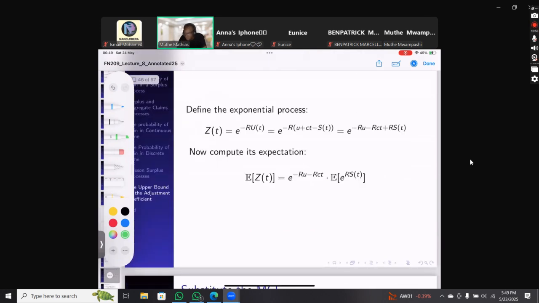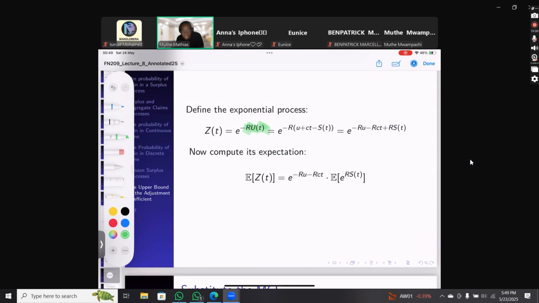So I'm going to use the same idea about the moment generating function, which we had before. If you remember, we said we can rearrange our equation, right? Suppose this one here is the exponential. Of course, this makes sense because I'm taking the exponent of r and multiplying it with the surplus process.